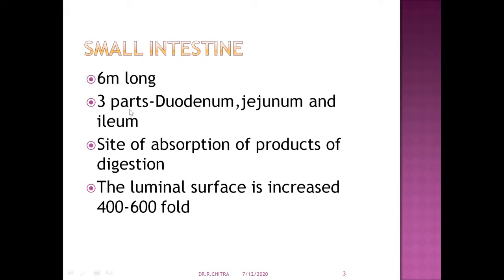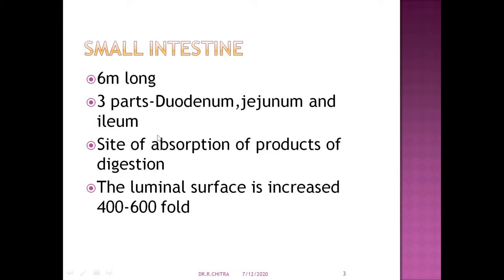So what are the three parts of the small intestine? You should be very familiar with the gross anatomy. Three parts of the small intestine are duodenum, jejunum, and ileum. So its function is site of absorption. So for this purpose, if you see the microstructure, this luminal surface has to be increased 400 to 600 times.